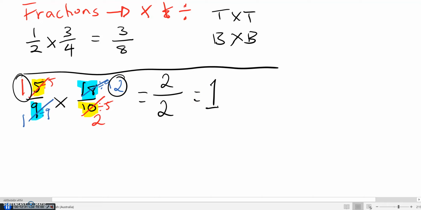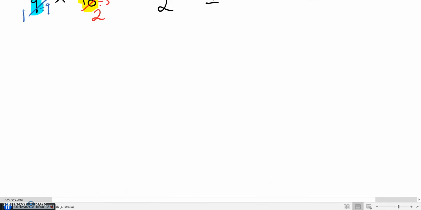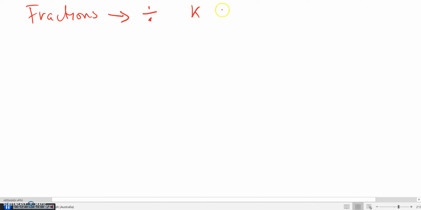When we're looking at dividing fractions, let's just move down. Fractions. And we're going to divide this time. The key term really is keep, change, flip.